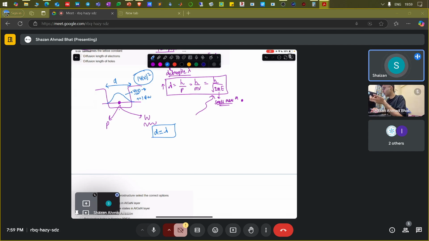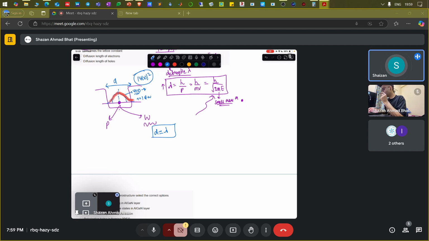And what is the wave nature of the electron? It's just probabilistic. This picture shows that there is a maximum probability of finding the electron at the middle, but sometimes you can see the electron here, or anywhere in the well. It just depends upon your measurement.